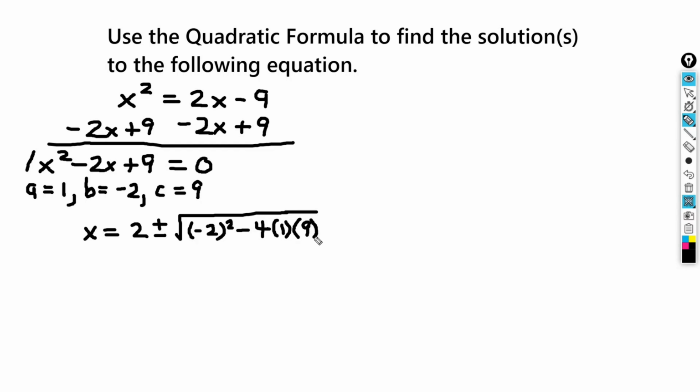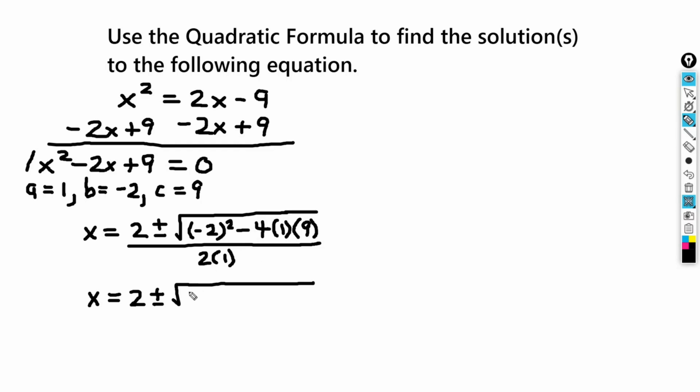And this is all over 2 times 1. So this is going to be x equals 2 plus or minus the square root.